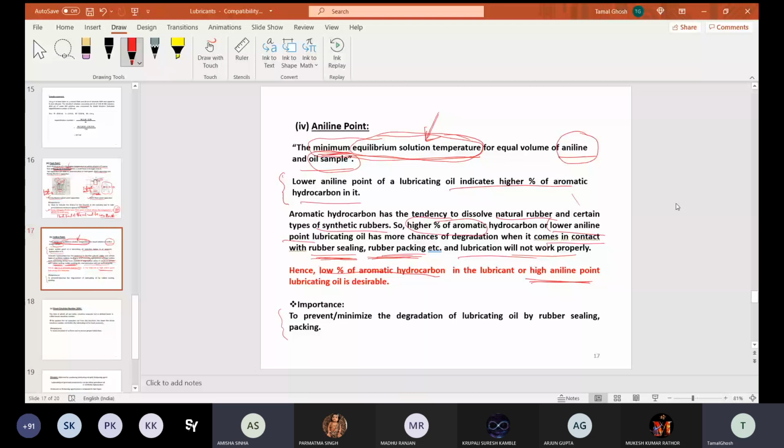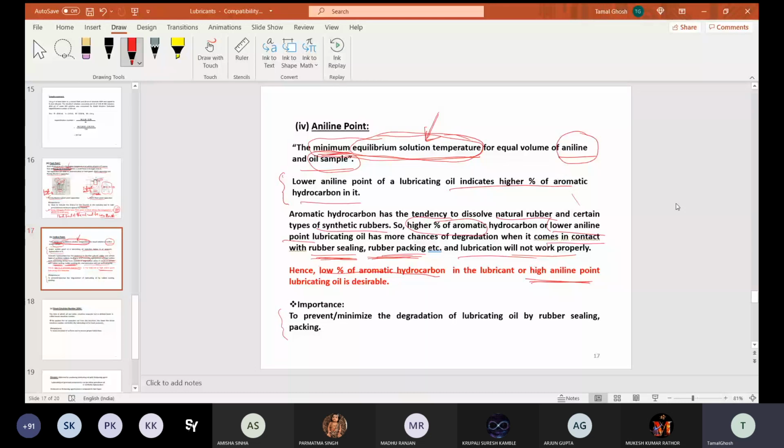Sir, how does the aniline point determine whether the aromatic hydrocarbon content is high or low? How did this relation even come? Basically, aniline itself is an aromatic hydrocarbon.